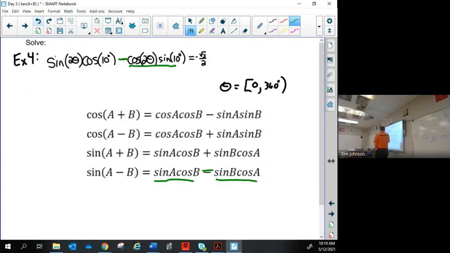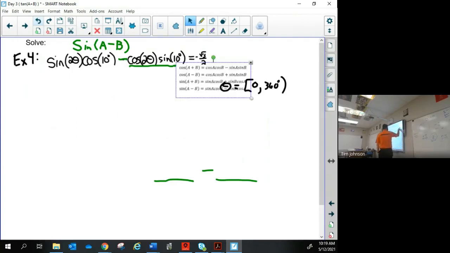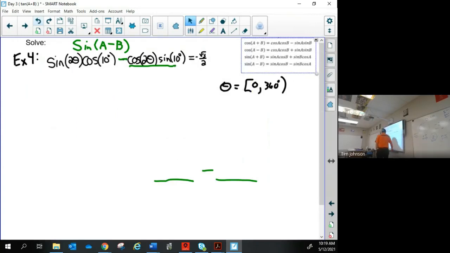So this is going to be using the sine of A minus B rule. In this case, A is 2 theta. So this simplifies to sine of 2 theta minus 10.